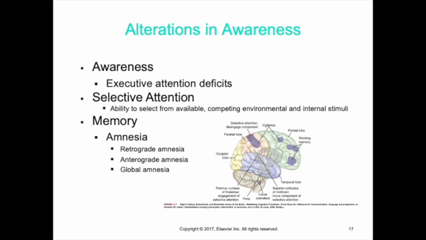Now, when you have both retrograde and anterograde, this is called global amnesia, and it's the combination of both that involves the hippocampus. We also have something called transient global amnesia, and this is when the sudden onset of memory loss lasts less than 24 hours. And we don't really understand the mechanism, but it's associated with migraine headaches and strokes.